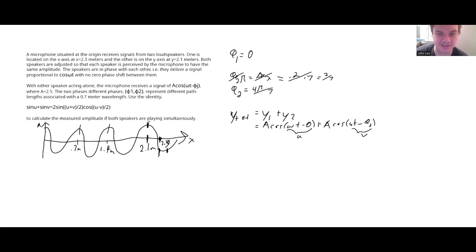However, I'm going to skip to the end of that and just use the trigonometric identity that's equivalent for this, where cosine u plus cosine v equals 2 cosine of u plus v over 2 times cosine of u minus v over 2.